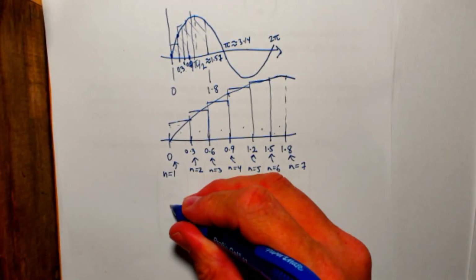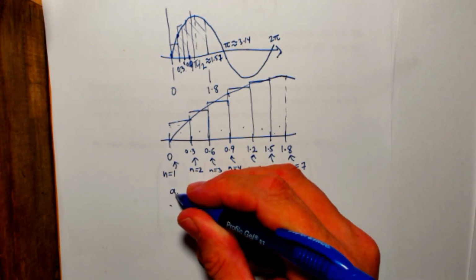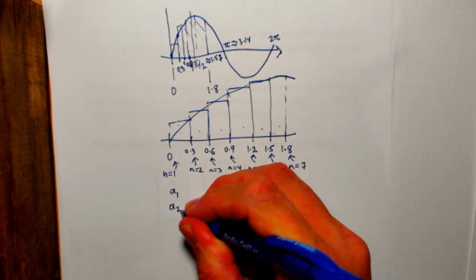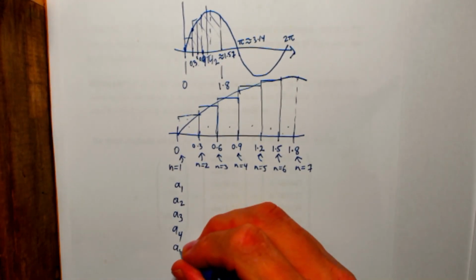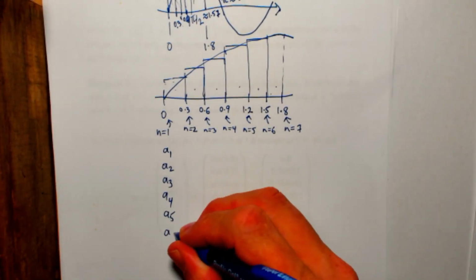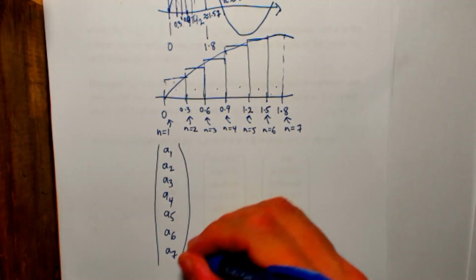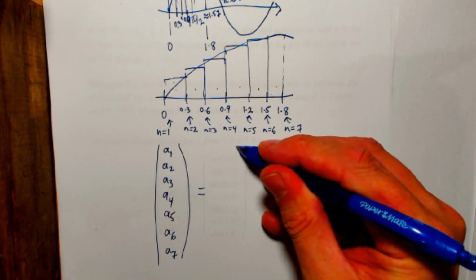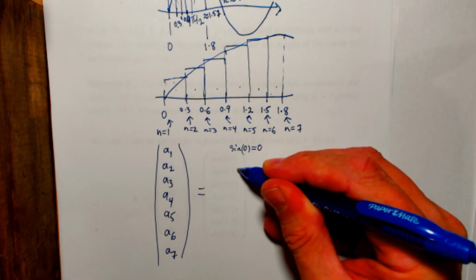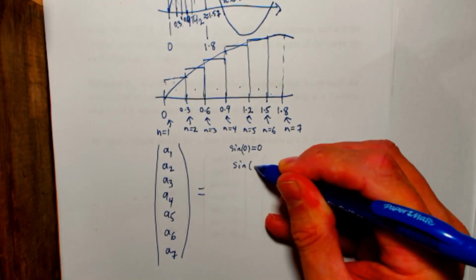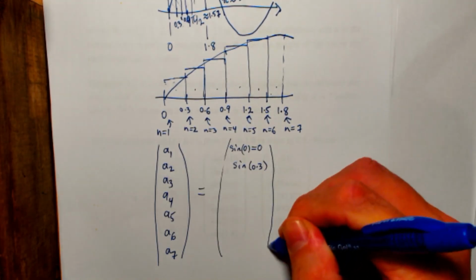So we need our array of data, A1, A2, A3, A4, A5, A6, and A7. Right, now this is sine of 0, which is 0, sine of 0.3, and so on.